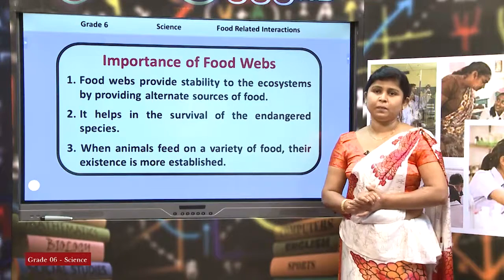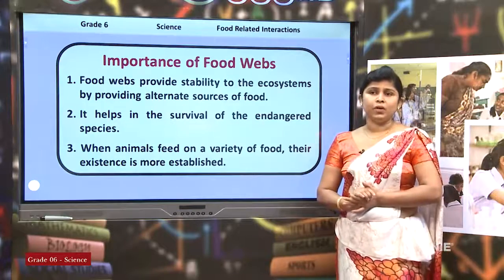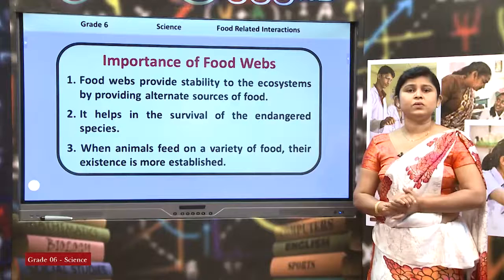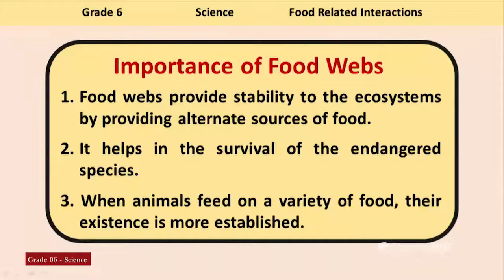In the same way, food webs are very important to provide alternative sources of food to animals. So, animals survive with the help of food webs. Look at the first one. Food webs provide stability to ecosystems by providing alternate sources of food.